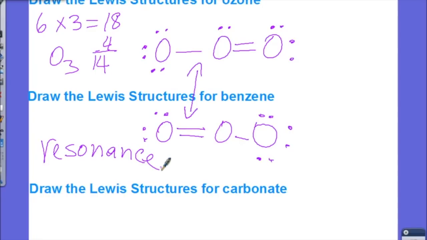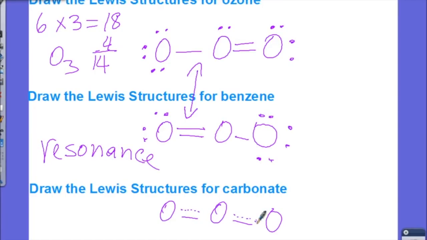All of them are the same. They have the same length and the same strength. So if I could draw this a different way, it would be something in between, intermediate. It's not really single and double.